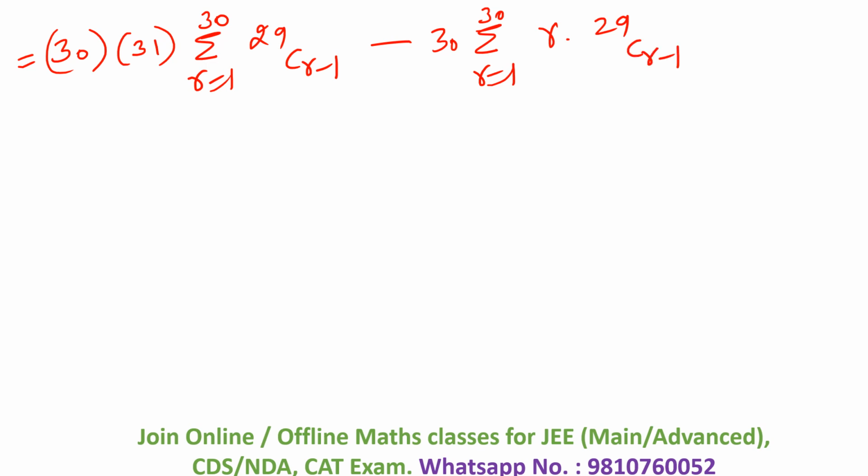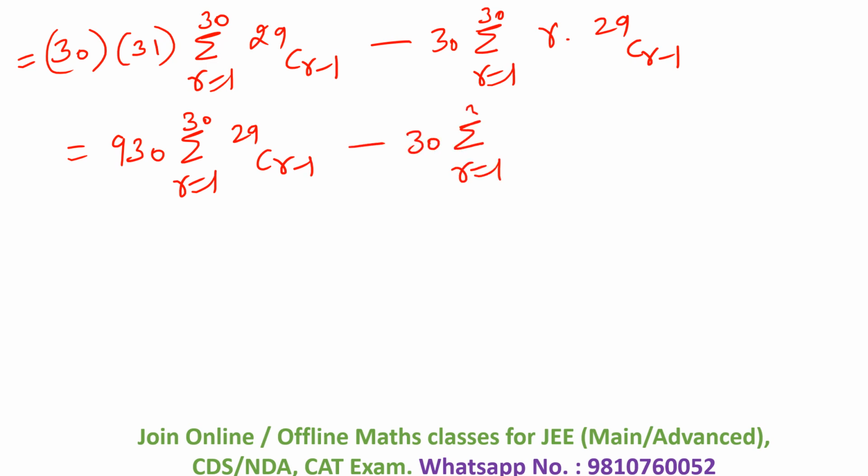Right? Now this becomes 930 summation r varying from 1 to 30, 29C(r minus 1), minus 30 into summation r varying from 1 to 30.